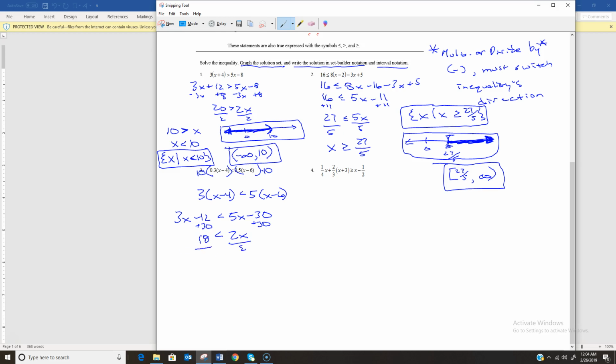So divide by 2, divide by 2. 9 is less than x. This is supposed to be a 2. And then if I flip that around so that the x is on the left and the 9 is on the right, I get x is greater than 9, which would look in set builder notation, set of x's where x is greater than 9.